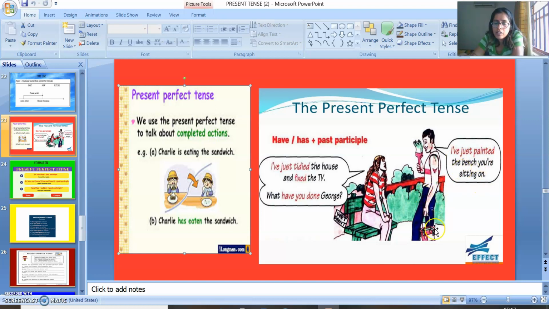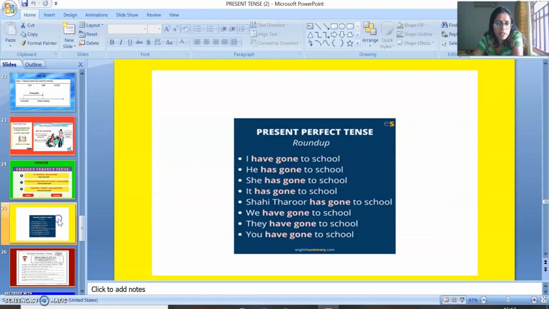So time frame is very very significant, and you can see here that he has used just and she has also used just to talk about her or his completed action, and just denotes an ongoing time frame or period. Okay, I hope it is clear to everybody.